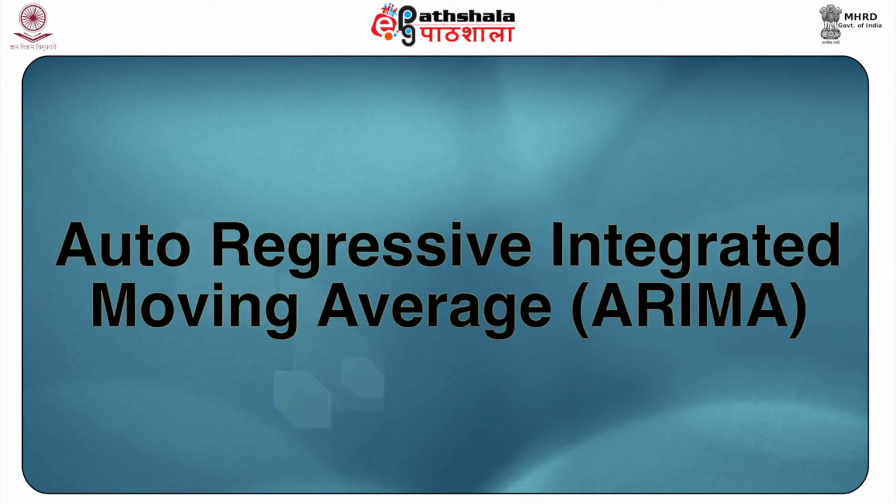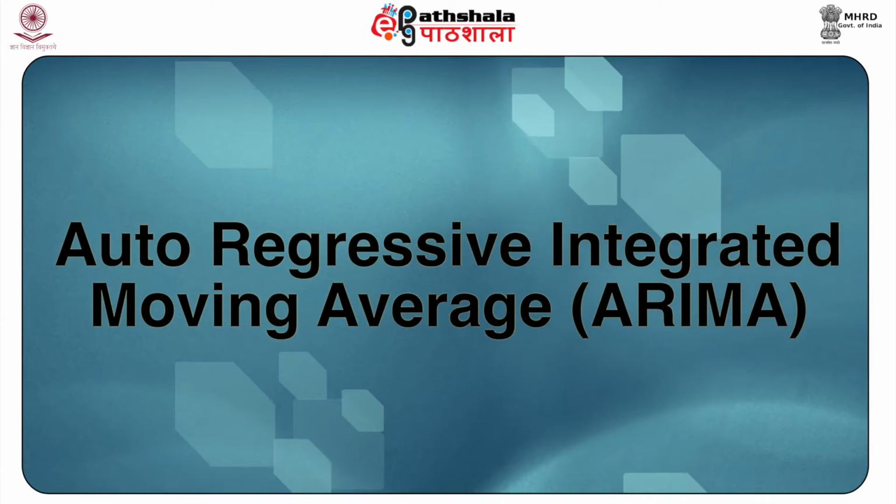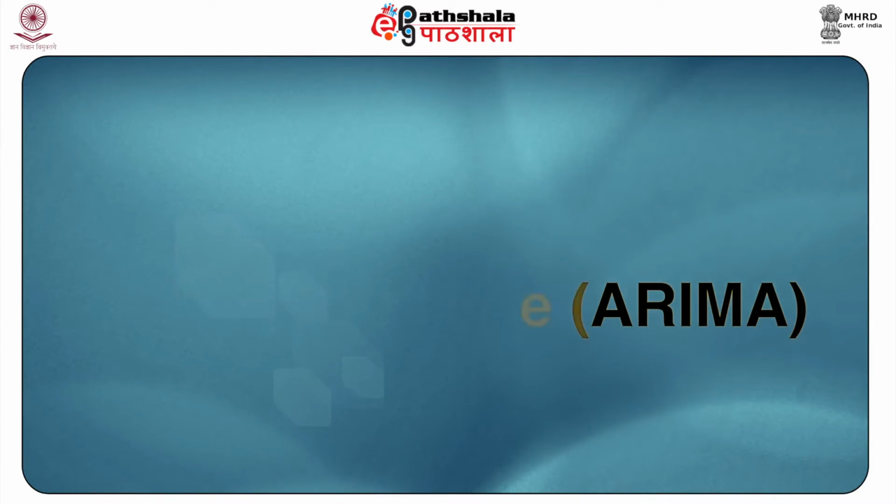The full form of ARIMA is autoregressive integrated moving average. So we have introduced the word integrated. Let us try to see what this integration is. If we difference a time series d times to make it stationary and then apply the ARMA(p,q) model to it, then we say that the original time series is ARIMA(p,d,q).